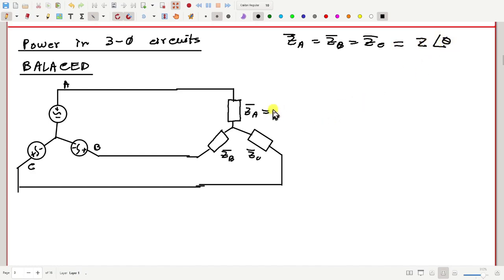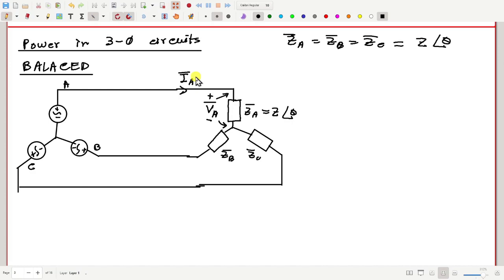So all of them are Z angle theta. Now, call this voltage VA, from here to here, and call this current IA.